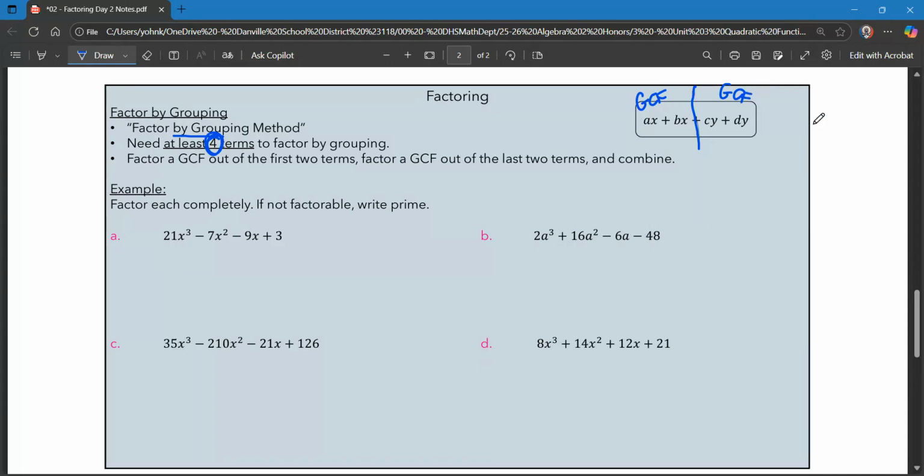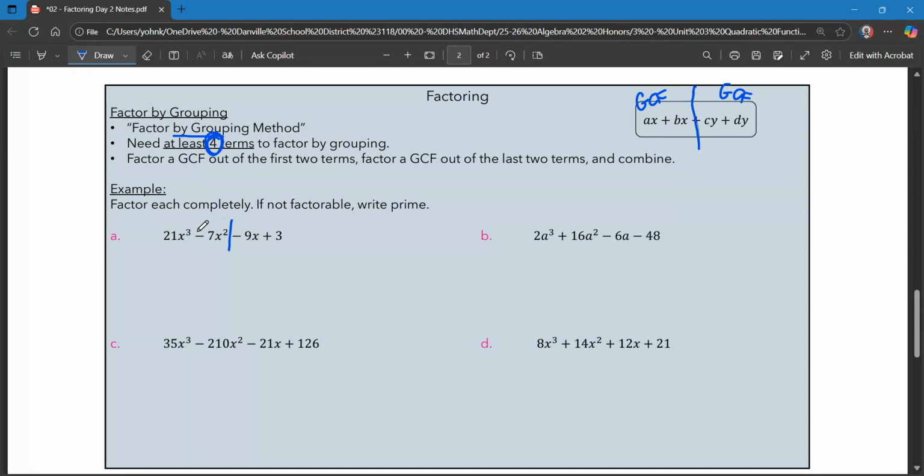And you'll combine like terms. So let's see what I mean by that. Same directions: factor completely. If not factorable, write prime. First thing, count all the terms. 1, 2, 3, 4. I see 4 terms, so chop it in half. Then you're going to find the GCF in the first 2 terms.